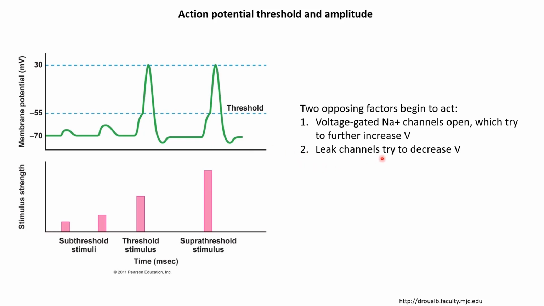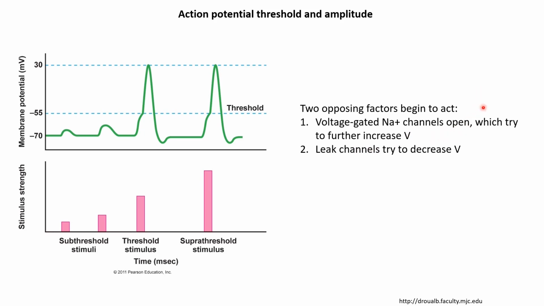Now, this second factor, the leakage channels, can be thought of as a linear factor. The more the voltage increases, the more the amount of current that will be there through the leakage channels. And this first factor, the voltage-gated sodium channels, is somewhat of a non-linear factor. The number of sodium channels that open with increase in voltage increases non-linearly.